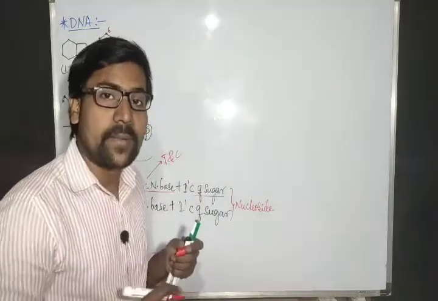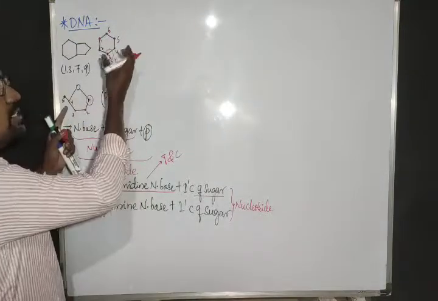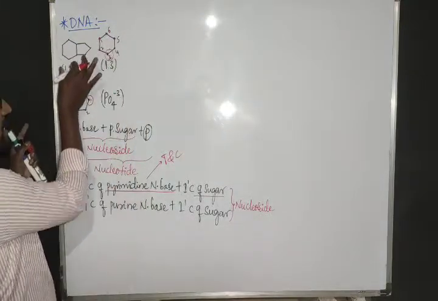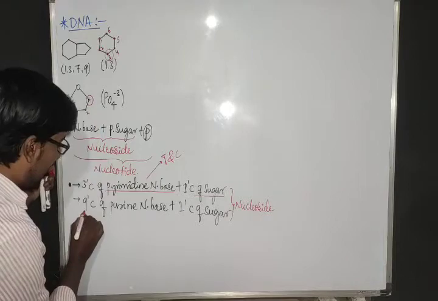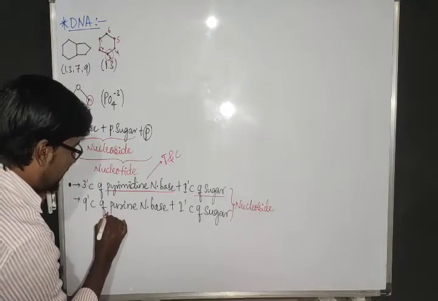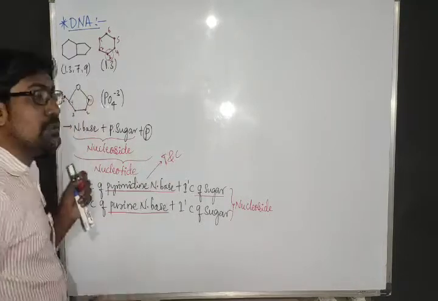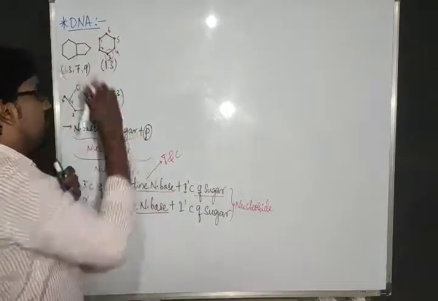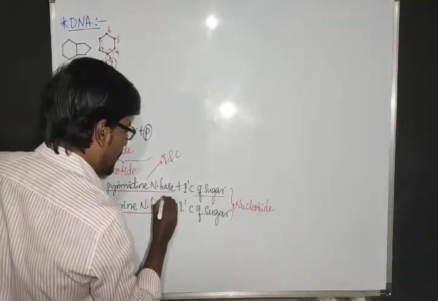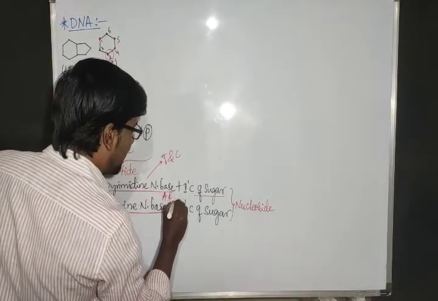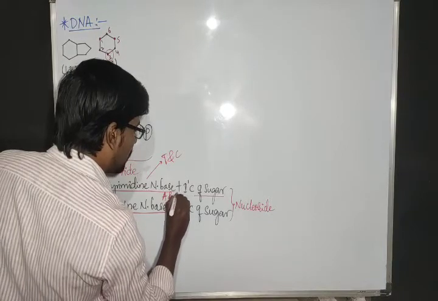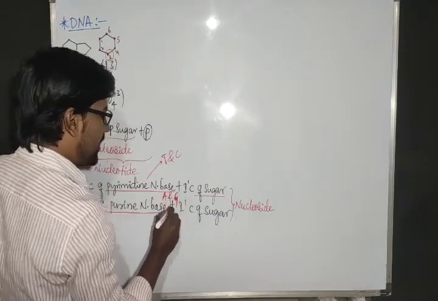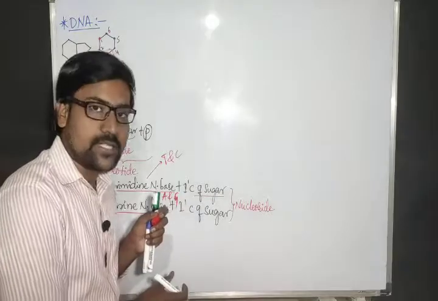Both are pyrimidines. Suppose it is a purine, if this combines with a sugar, then the ninth carbon of the purine base combines. So, which are those purines? Adenine and guanine. A and G, adenine and guanine, both are purines.